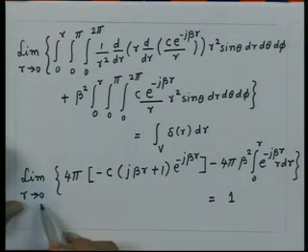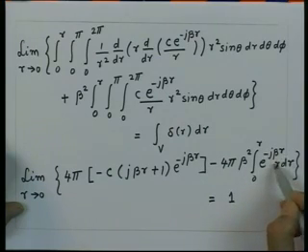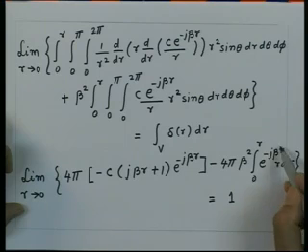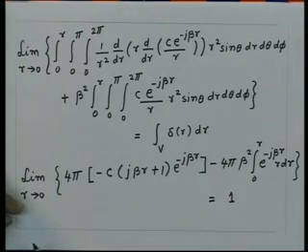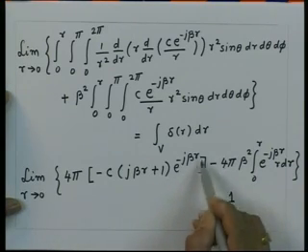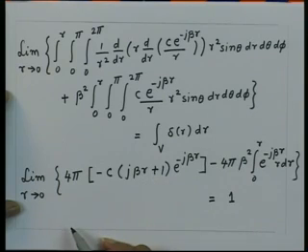So, now as r tends to 0, this quantity e to the power minus j beta r will tend to 1, because the phase will go to 0. This is r dr. So, when r goes to 0, this integral will go to 0. So, in the limit when r tends to 0, this quantity will go to 0. In this expression, when r tends to 0, again this quantity will go to 1, this quantity will go to 0, but this quantity will remain as minus c.